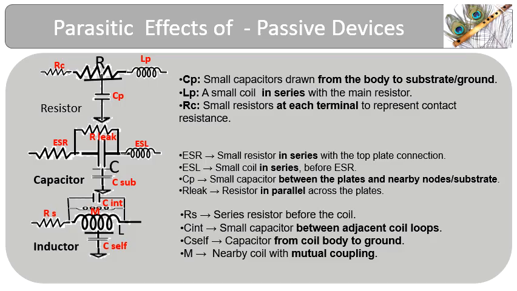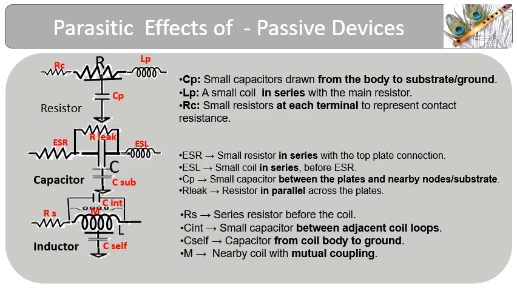For a capacitor, common parasitics are ESR, the equivalent series resistance, a small resistor in series, causing energy dissipation. ESL, the equivalent series inductance, a small inductor due to interconnect. Cp, a stray capacitance between plates and nearby nodes or the substrate. Rleak, a leakage resistor in parallel, representing non-ideal insulation of the dielectric.